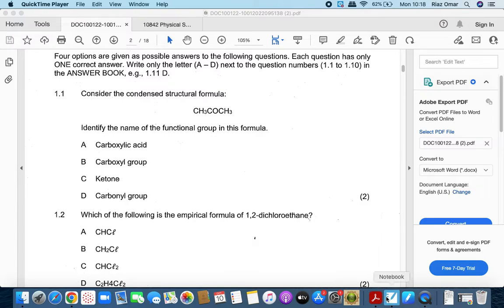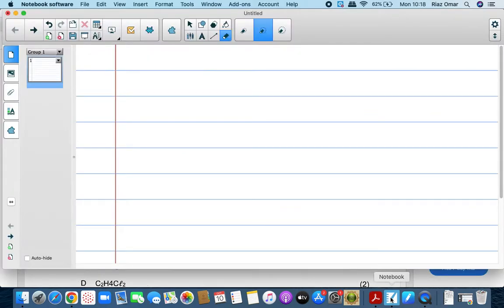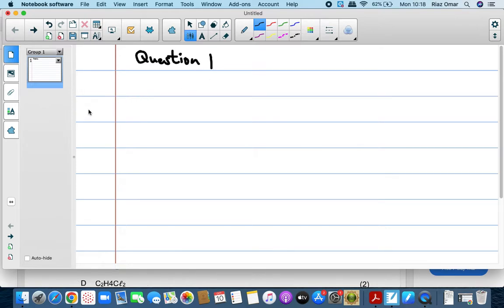CH3COCH3. So to do that, let's just write down our question. We had question 1.1. So to work it out, sometimes don't just choose anything. For organic chemistry, it is best to write it down.